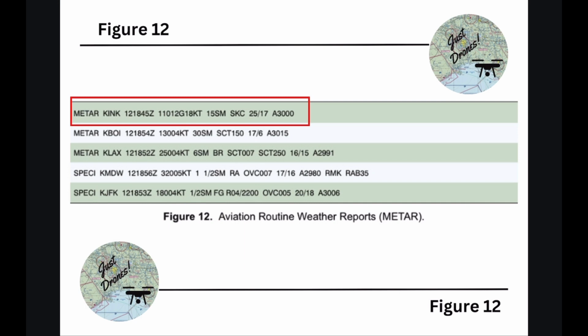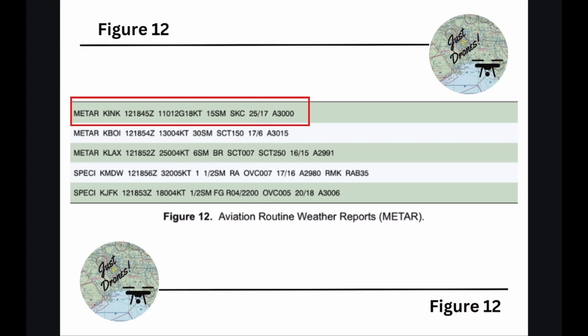So our winds, it's always going to start off with the wind direction. Looking at this, it says 110. That is where the wind is coming from, 110 degrees.